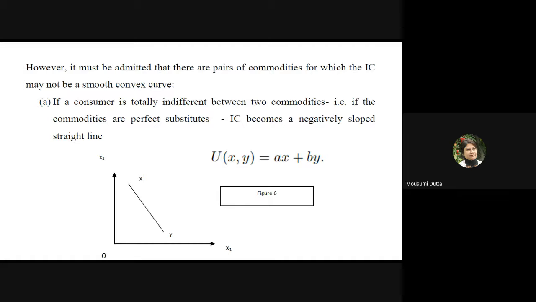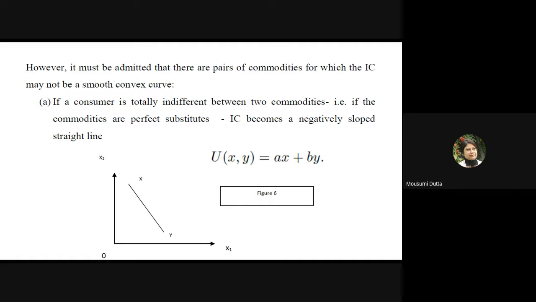Earlier, when we introduced the nature of the commodity, we talked about substitutes like tea and coffee. So here I'm talking about that kind of commodities. The two commodities are perfect substitutes to each other.